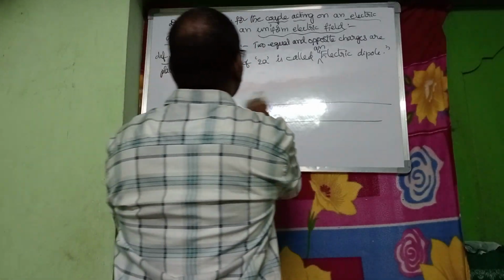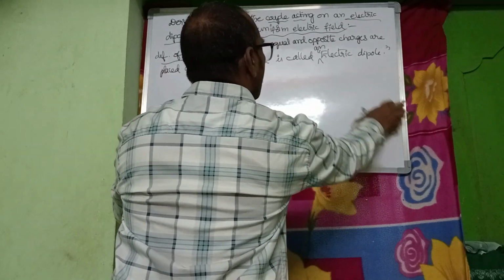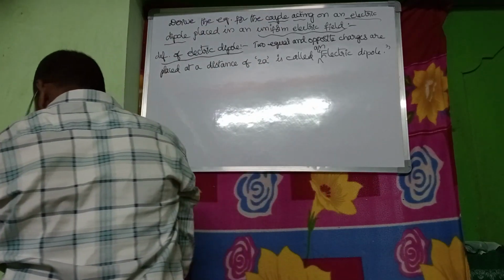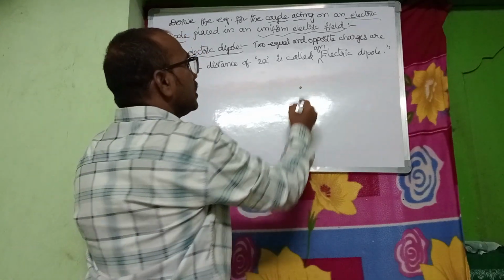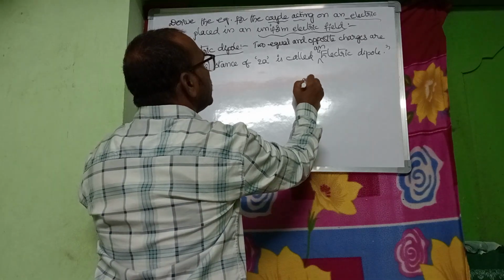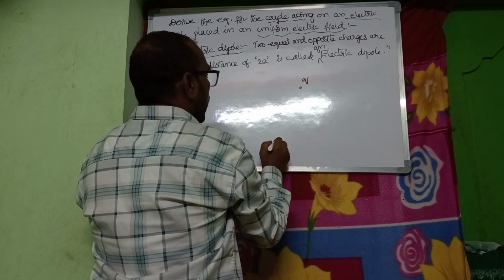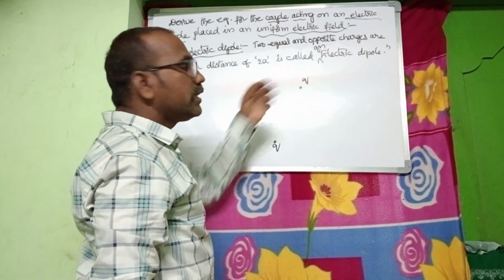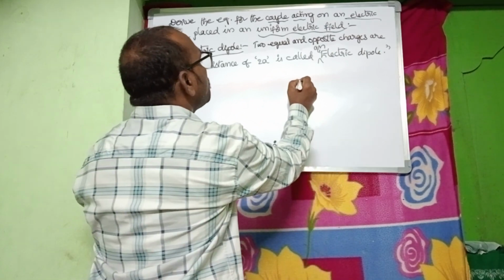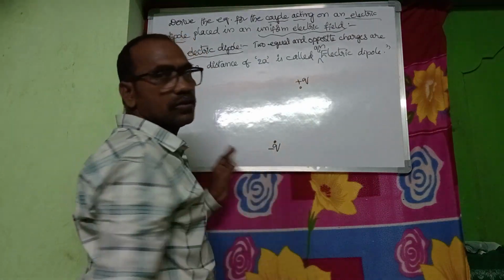See, what is an electric dipole? Here a charge q is there, and another charge, also of magnitude q. One is plus q, another is minus q.